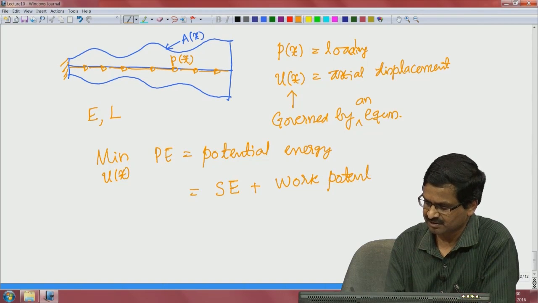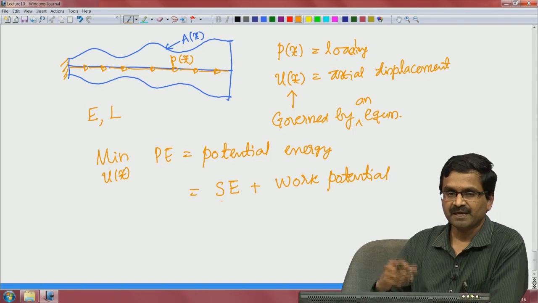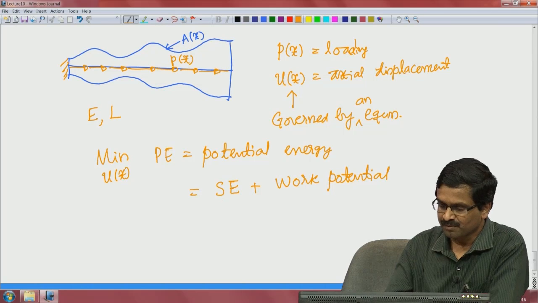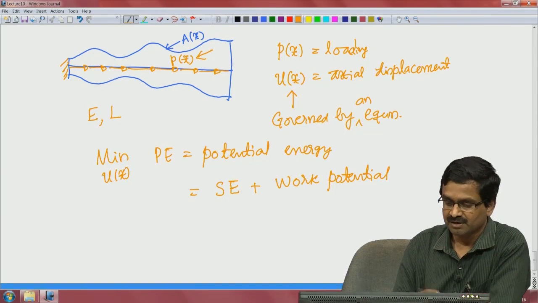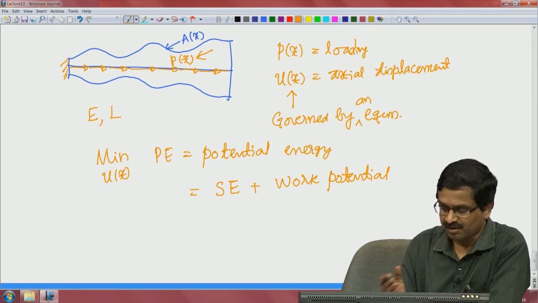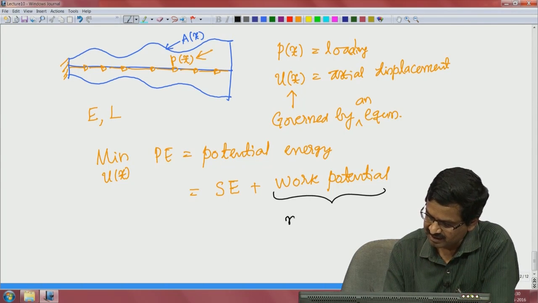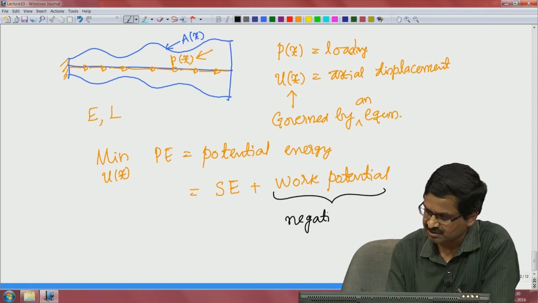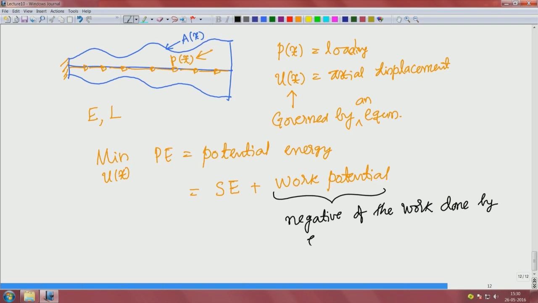Okay. This is something that we must note. The potential energy, strain energy is due to the energy stored in the bar, and work potential is the applied force. We have this p of x that is going to do some work that will contribute to potential energy, and that part is defined as the negative of the work done by only the external forces.